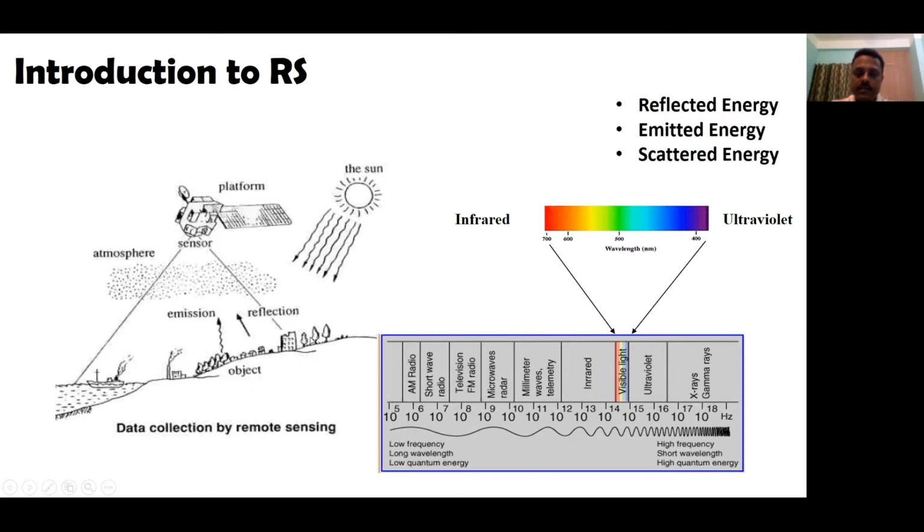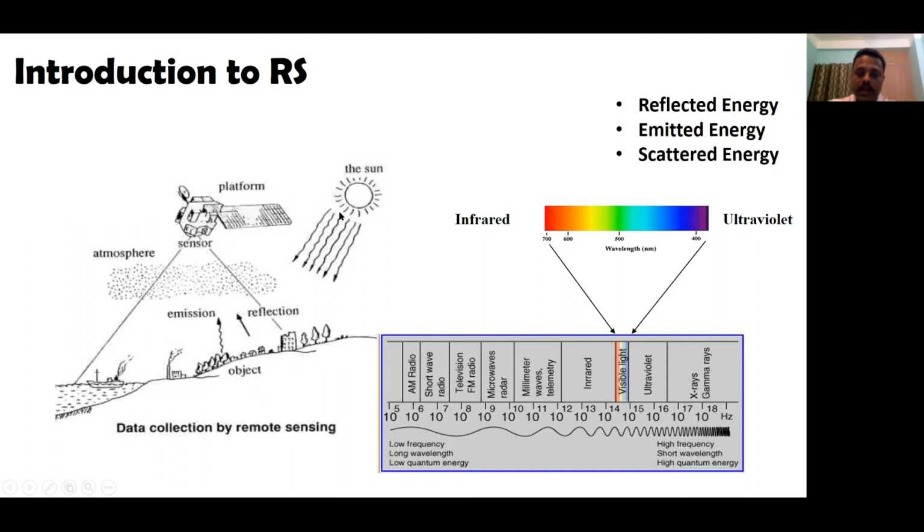These objects may be trees, they may be buildings, or whatever. Once they hit these objects, normally a part of the energy is absorbed and a part is reflected. Once this reflected part goes back and the sensor is able to capture it, this is one type of energy that the sensor measures. This is known as the reflected energy.